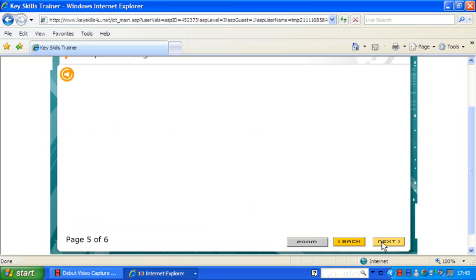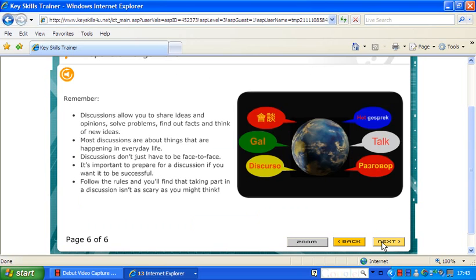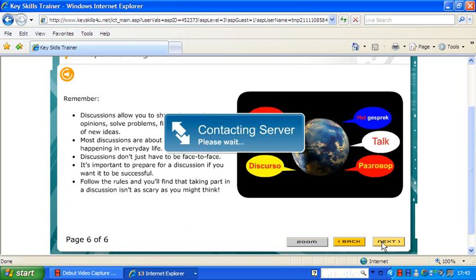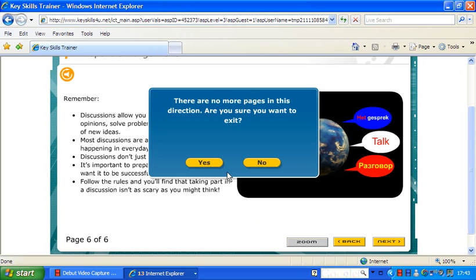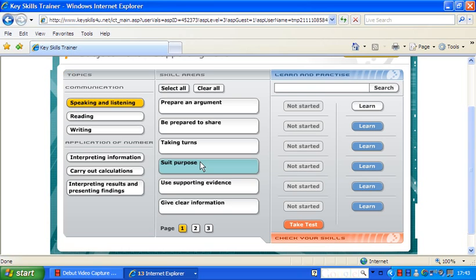As you can see, there are 6 pages of questions and activities designed to help the learner be able to learn the information required to prepare an argument and eventually pass the end of unit test.